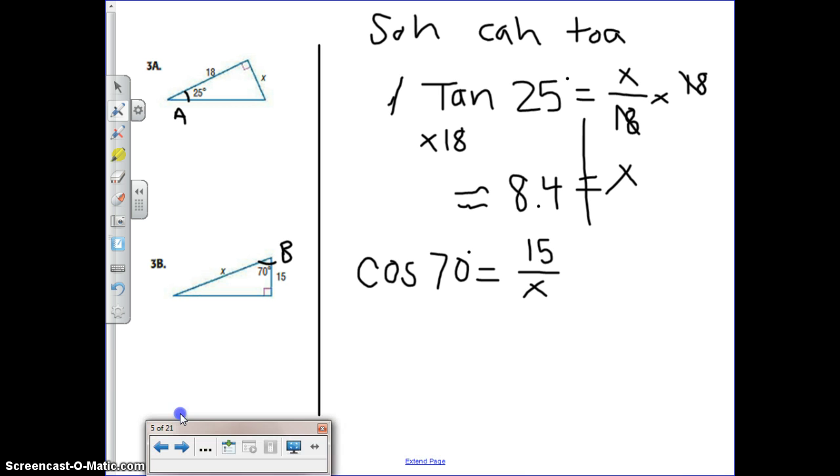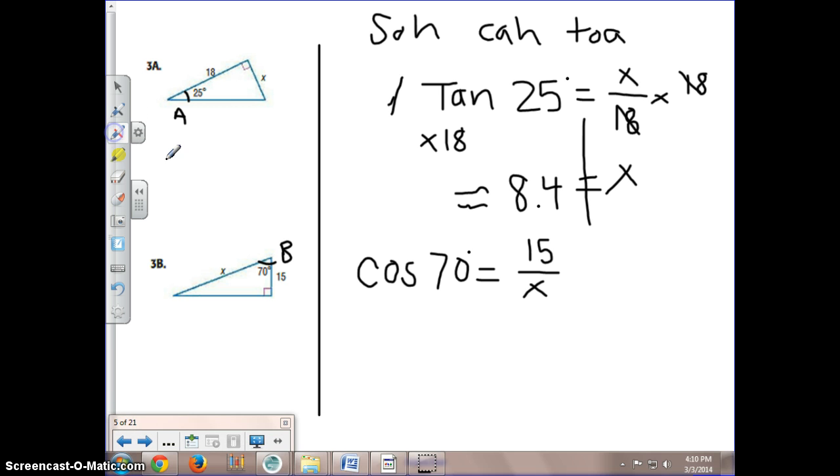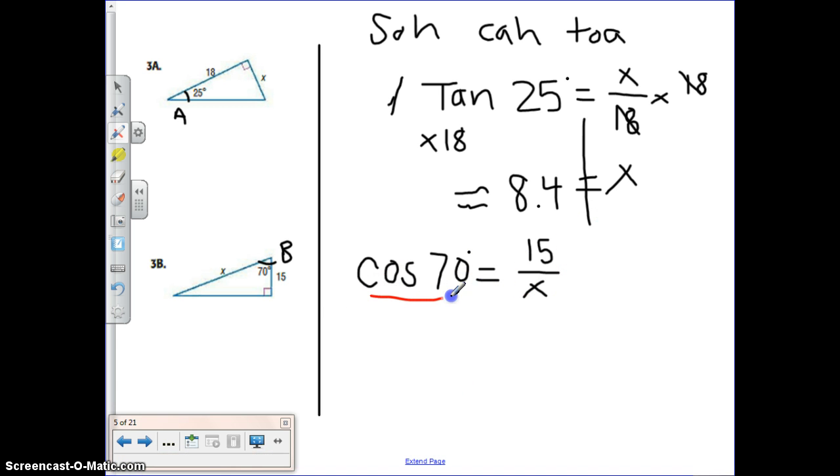And there's a couple ways we can solve this equation, but I am going to put this cosine of 70 degrees over 1, and I'm going to cross multiply. So I'm going to get 15 on one side is equal to x times the cosine of 70 degrees.